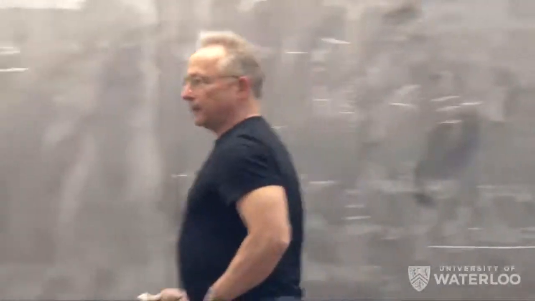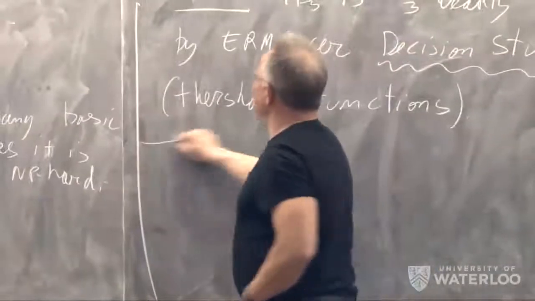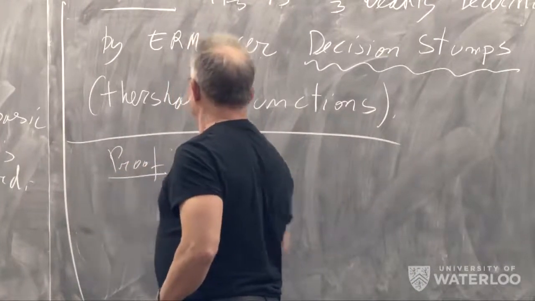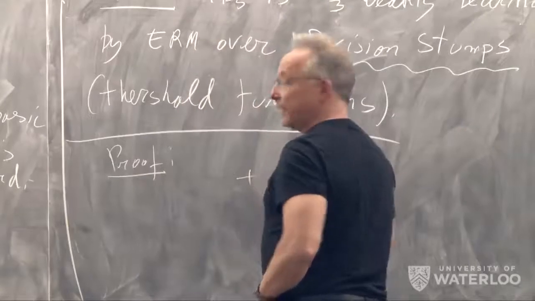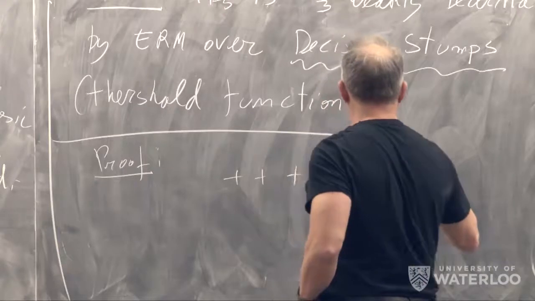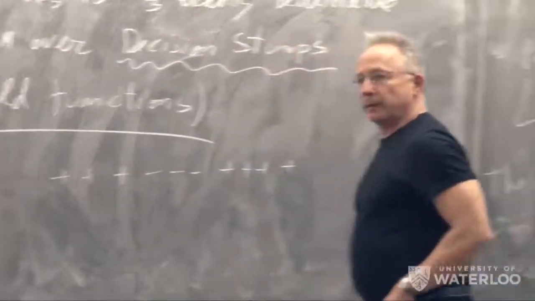So what is the claim? You get a sample. What do I have to show you to prove it? You get a sample which is labeled according to this three-way thing. Plus, plus, minuses, plus, plus, plus, and so on.